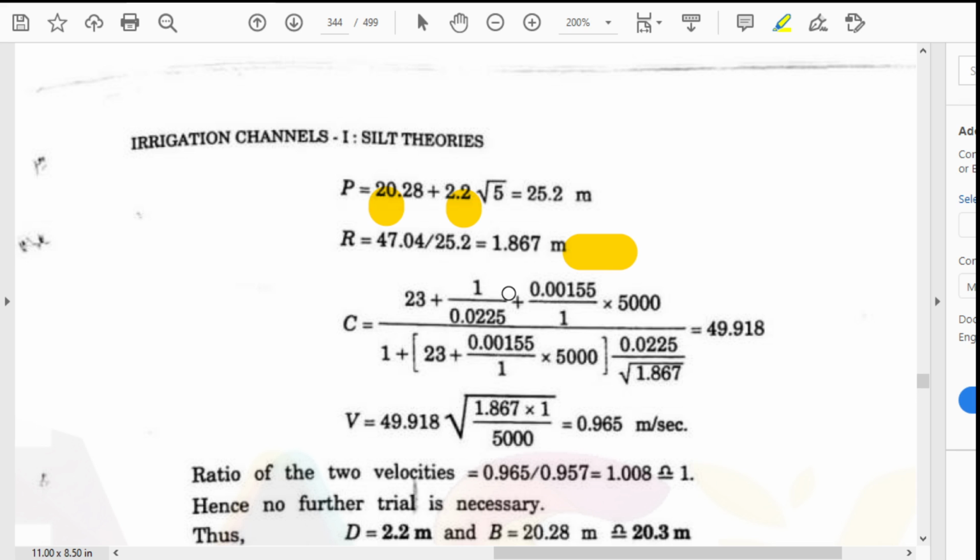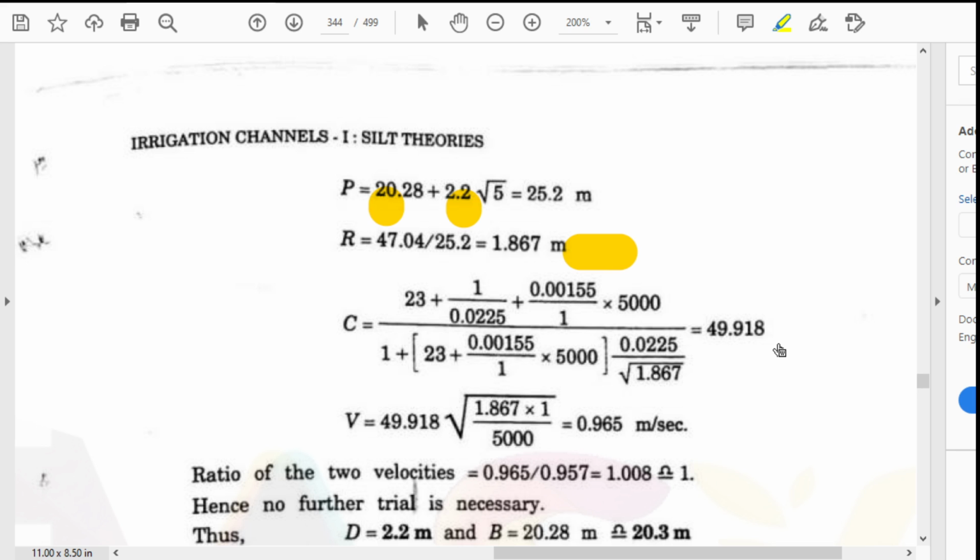First find out the Chezy's constant. Chezy's constant is 49.918. This is the formula for Chezy's constant by using Kutter's equation.